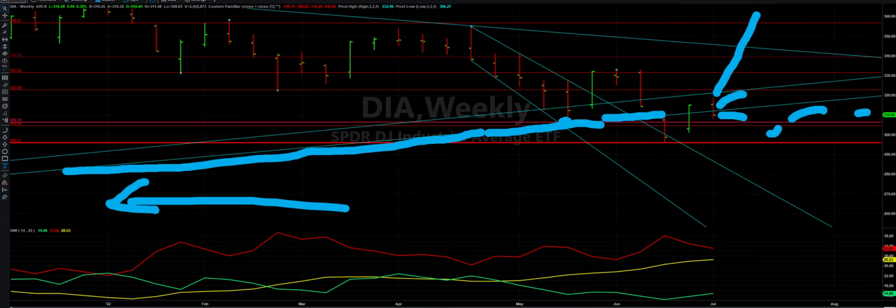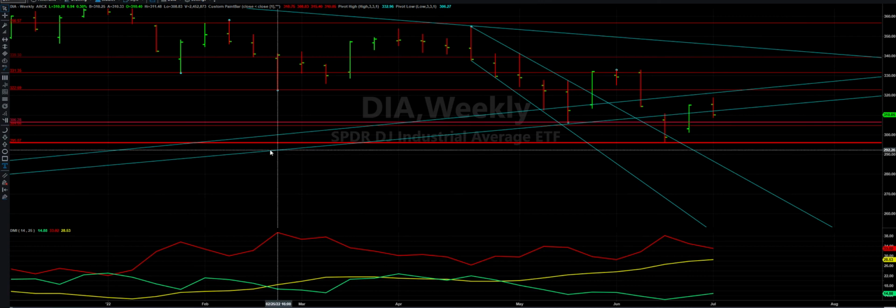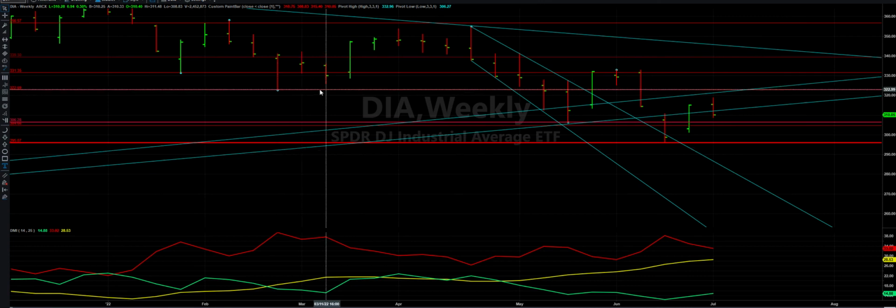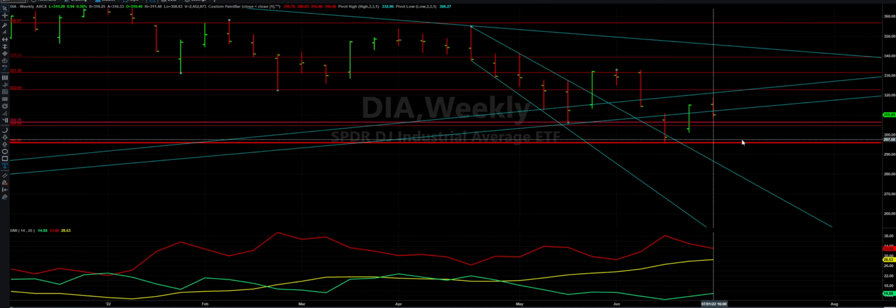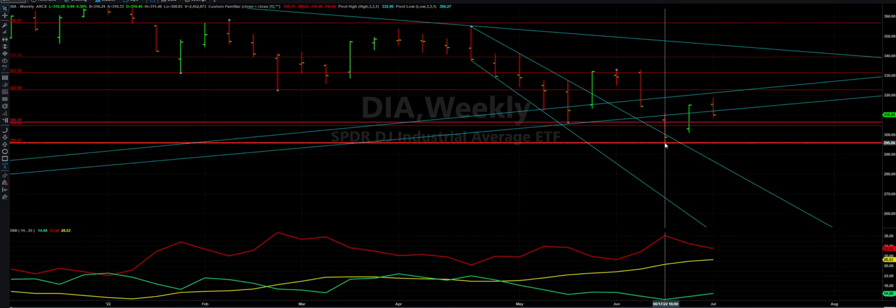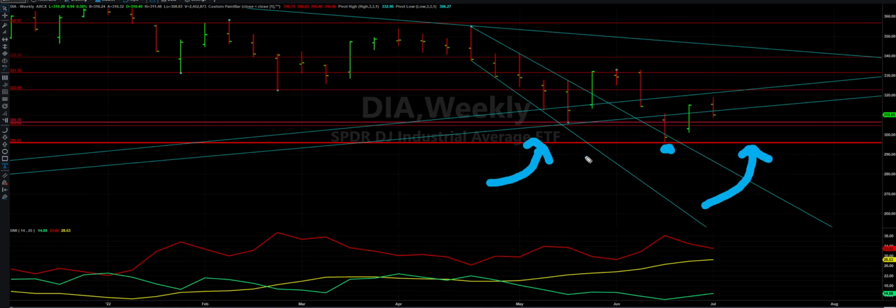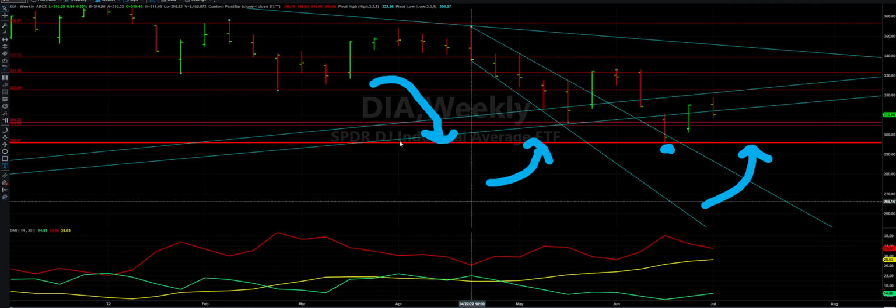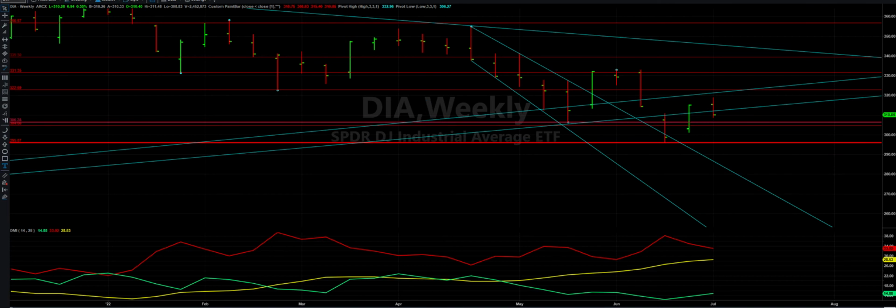If we break below 306.28 and then get below 304.66, it's a strong possibility we could come back down to this previous low, this big, thick red line right here. You see that big, thick red line? That's at 295.87. That's going back to the March 2020 highs.